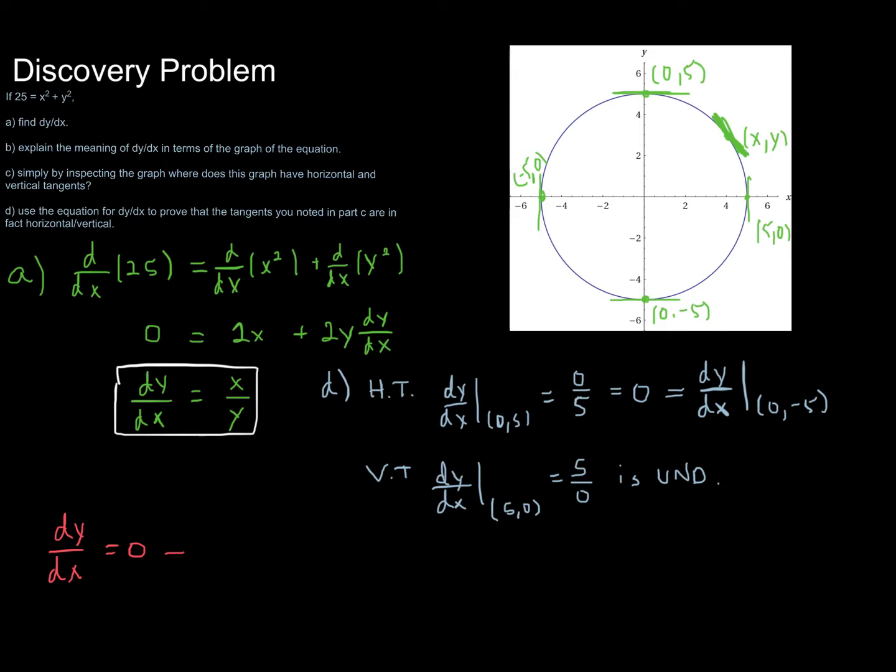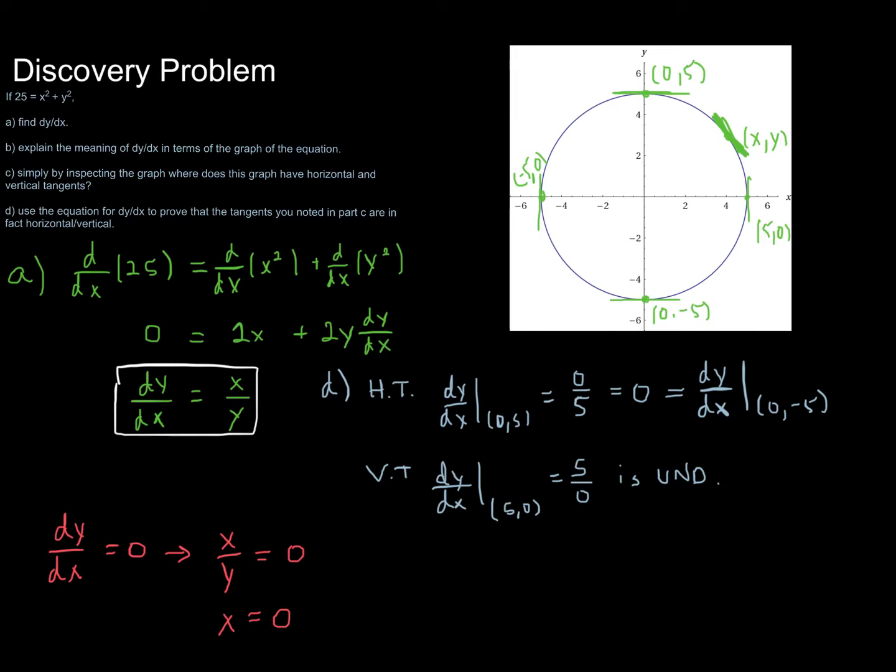Well, that means that I'm setting x over y equal to 0. And when I'm trying to solve for x, I can multiply both sides by y, and I'm going to get that x must be equal to 0.